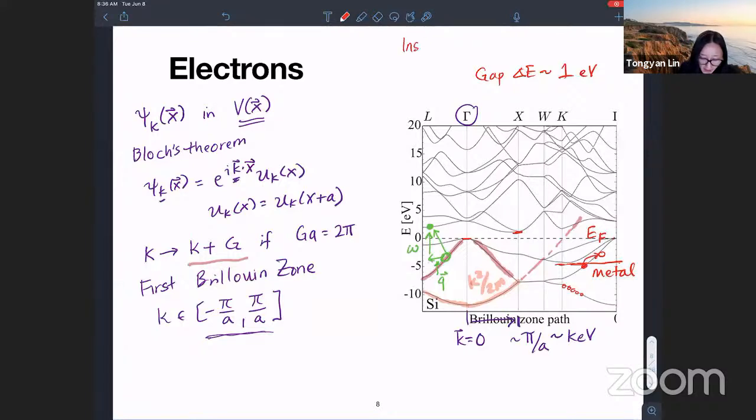Another possibility is if we had an insulator. That would be pretty similar to this band structure, but the gap would basically increase to about 10 eV. So there's no exact boundary, but if you moved all the unoccupied bands above up by like 9 eV, that would be like an insulator.